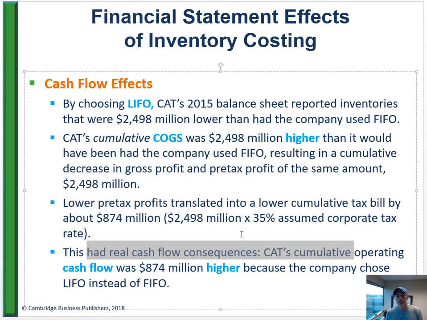So you can look at this a couple of different ways. You can think of it as, if management is getting compensated based on earnings, then they may be hesitant to elect LIFO in this environment because it's going to send more expenses over to the income statement and lower earnings.